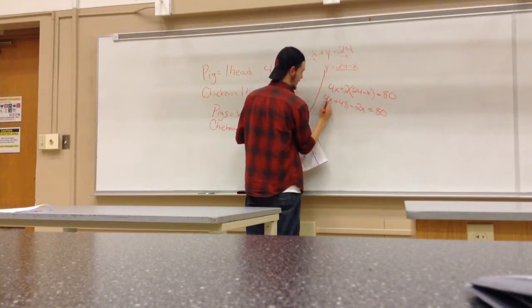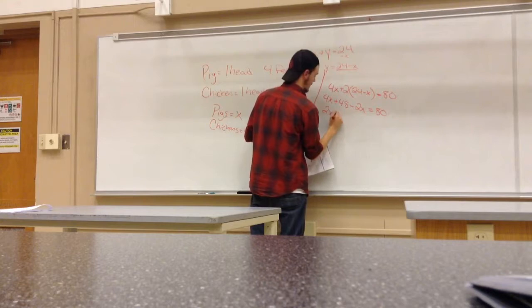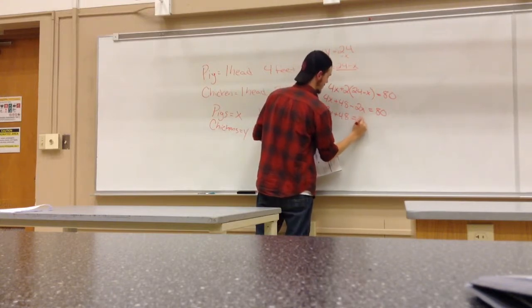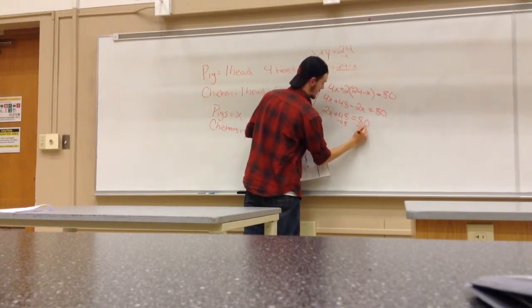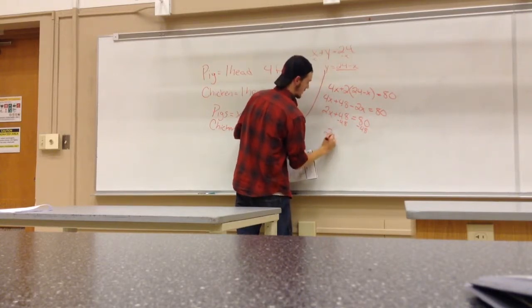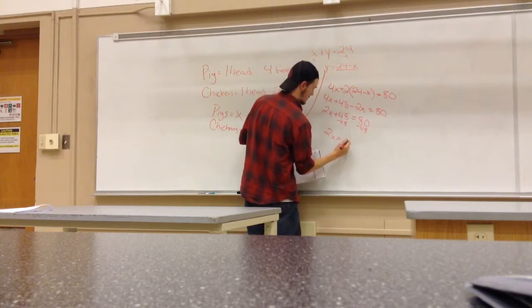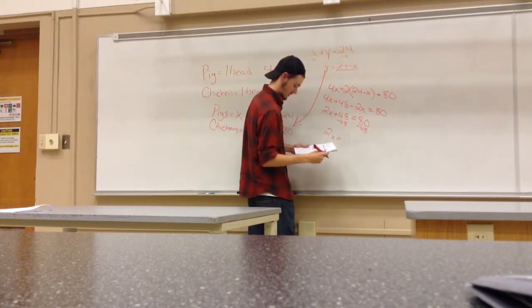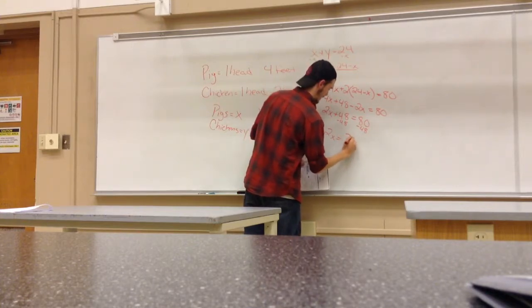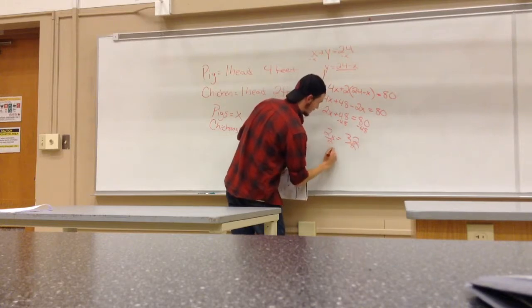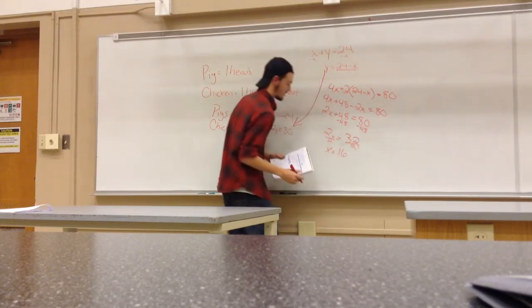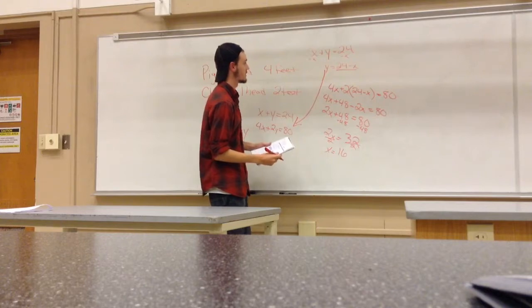Combine the like terms, so we got 4X minus 2X equals 2X plus 48 equals 80. Subtract 48 from both sides. 2X equals, what is that? 32. And then divide by 2. X equals 16. So there's X equals 16 for one.